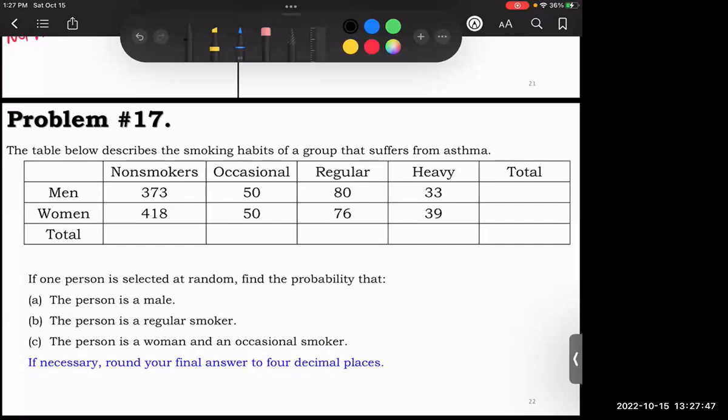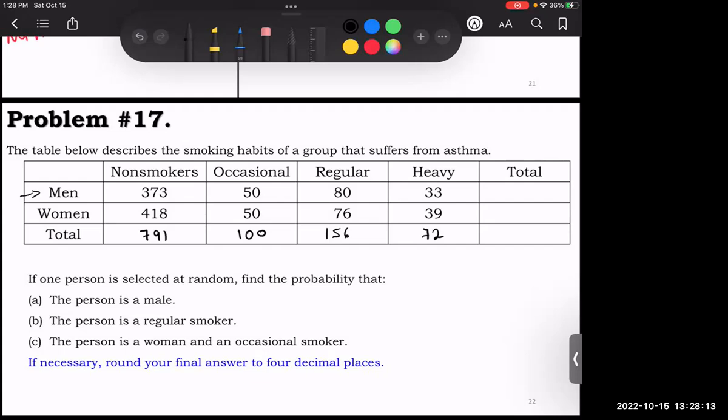791. How many occasional smokers do you have? 100. How many regular? 156. And how many heavy smokers? 72. Okay. Now for men, you would add up everything in the rows.